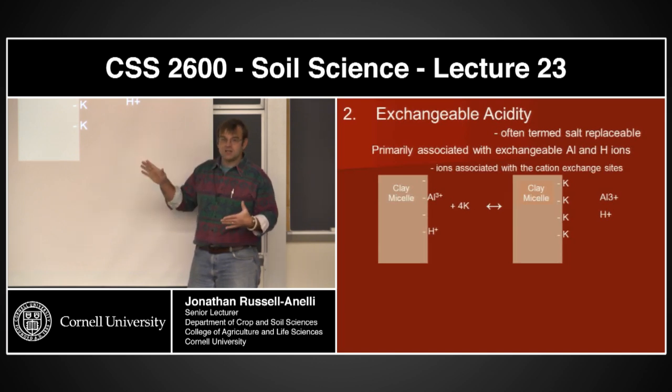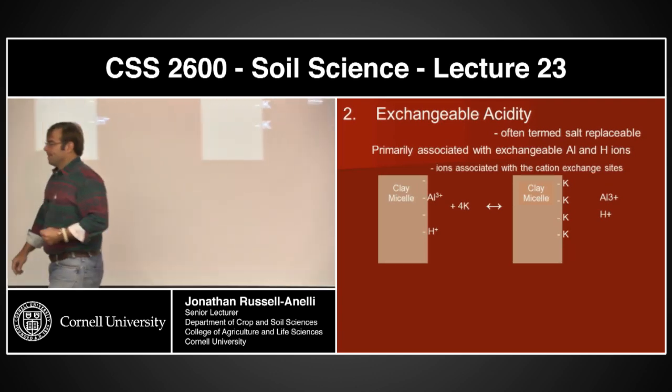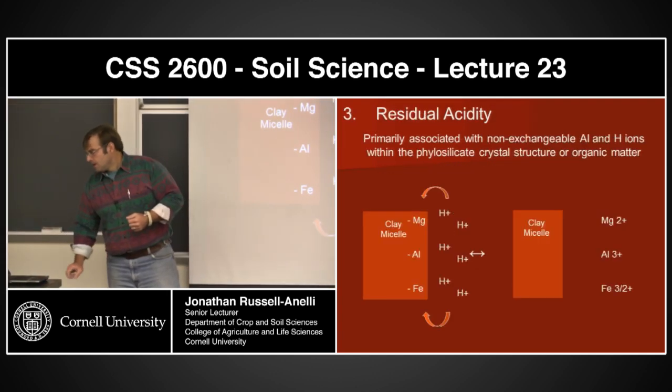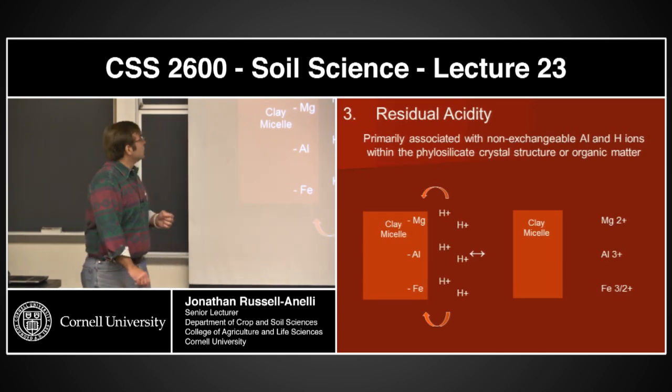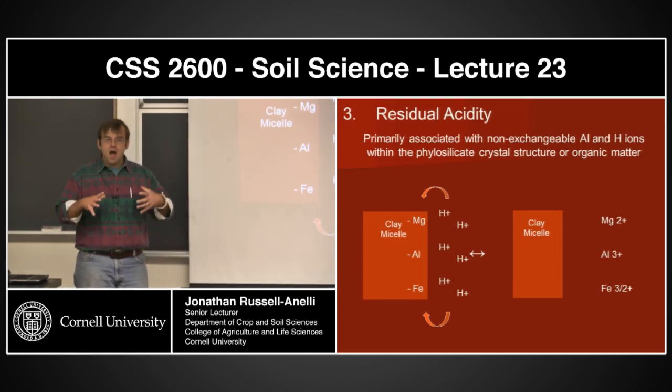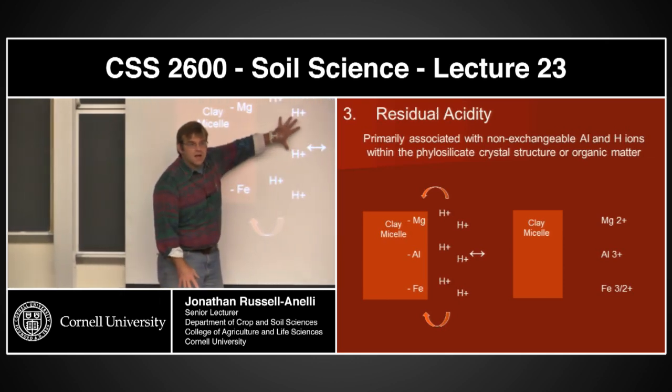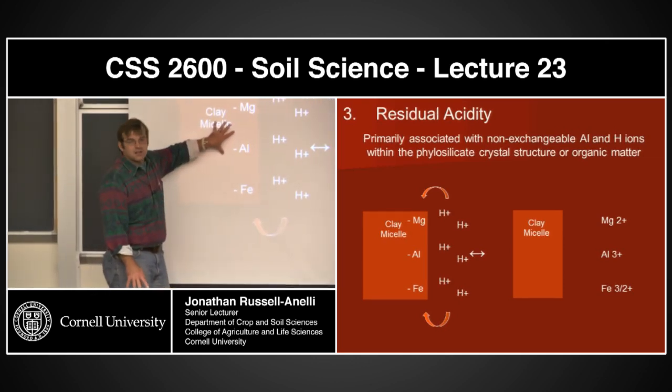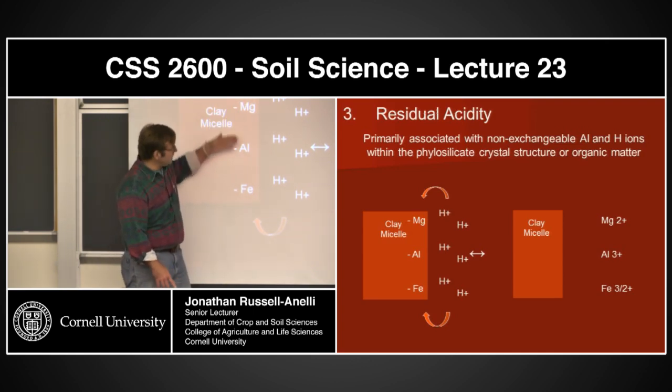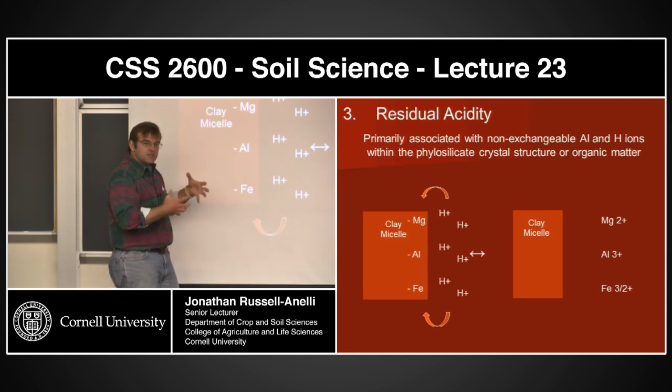This is cation exchange capacity. This is the protons and the aluminum that are on the cation exchange sites. The next pool is the residual pool. This is non-exchangeable stuff. This is literally the protons dissolving the clay or the organic material. It's literally taking the aluminum, magnesium, iron, taking it out of the structure by dissolving it.